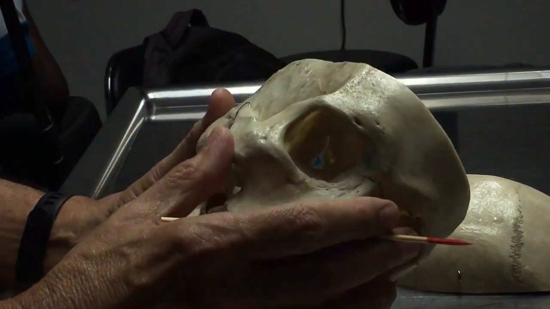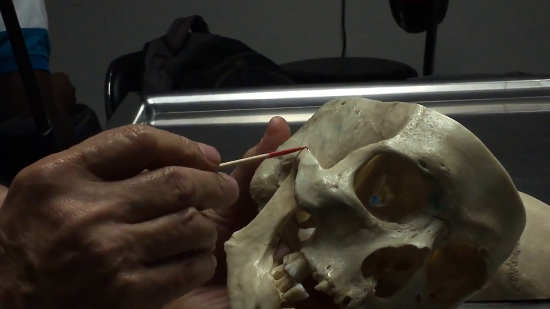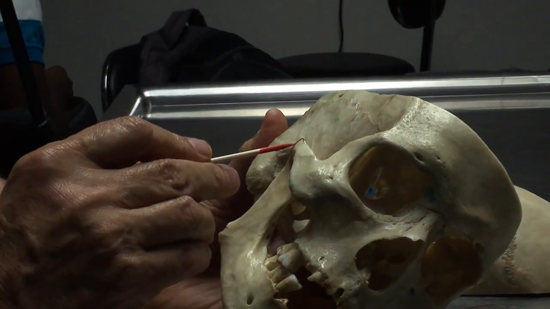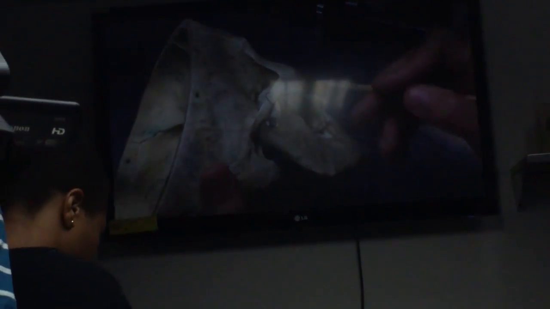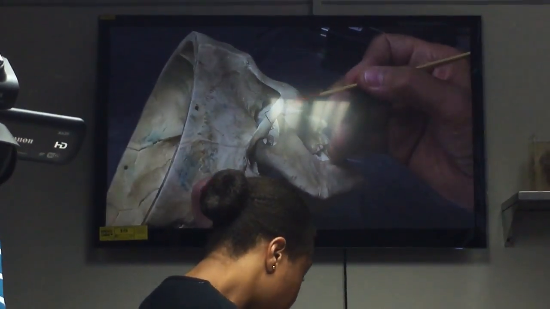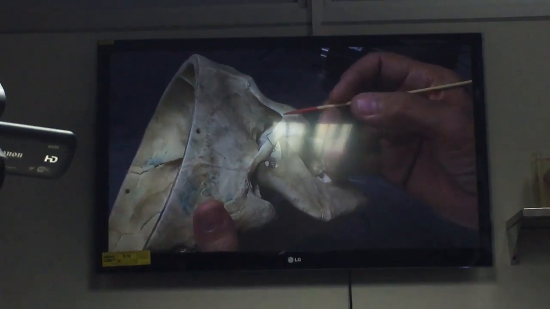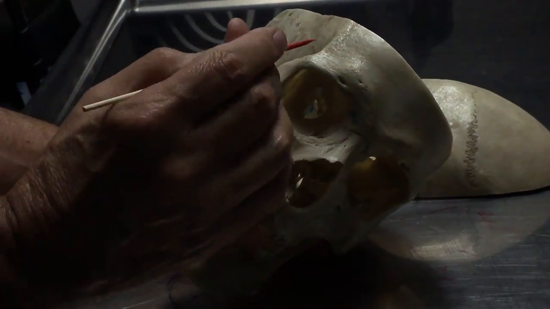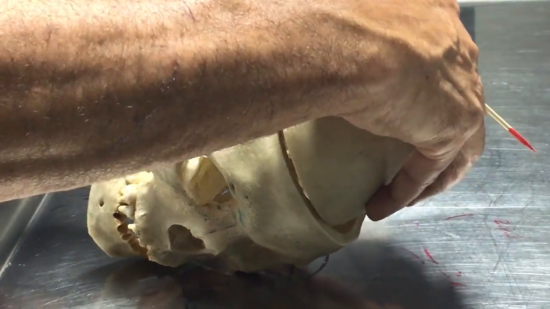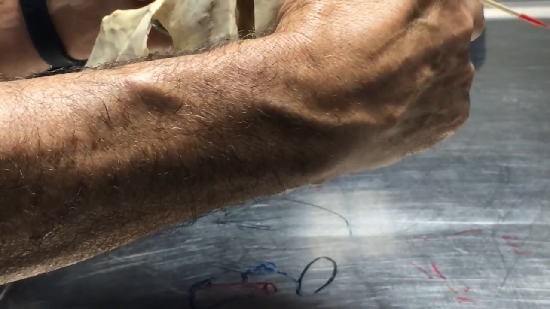Now, while we're on the zygomatic arch. The zygomatic arch is formed by two parts: the zygomatic process of the squamous temporal bone and the temporal process of the zygomatic bone. And this is the suture here. If we go up here now, I hadn't touched much on this last week, but I know you've done the temporal fossa already.